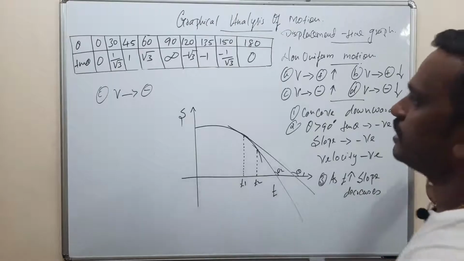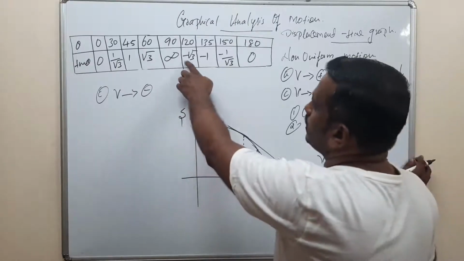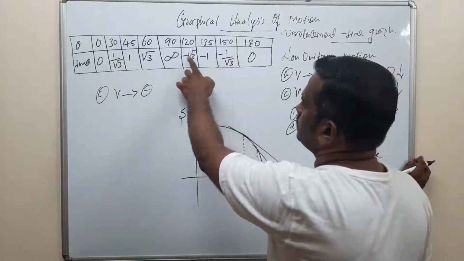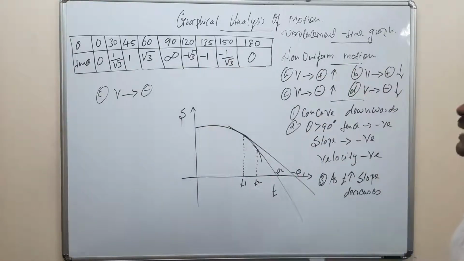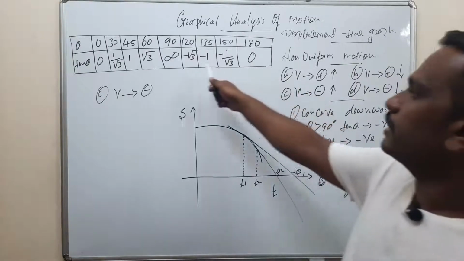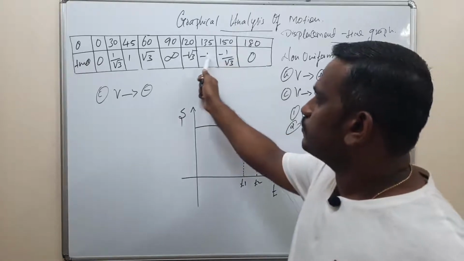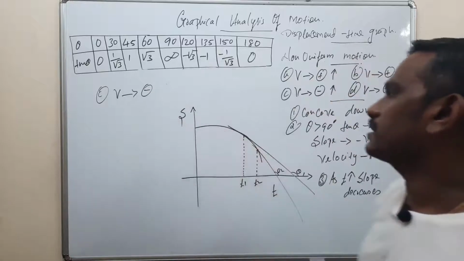So on the negative side, if the angle value decreases, the tan theta value increases. Slope on the negative side here. So the angle value decreases means tan theta value increases.